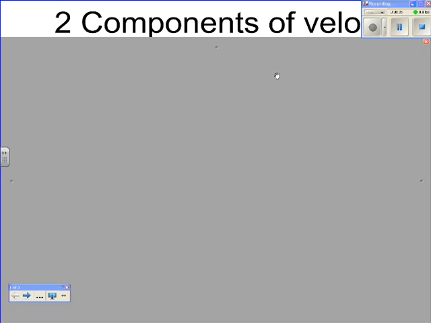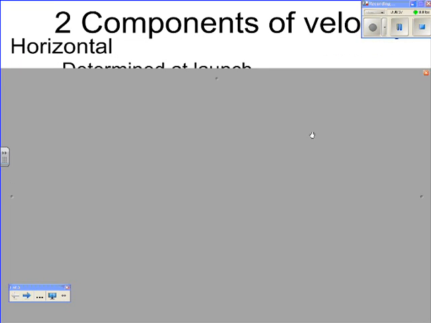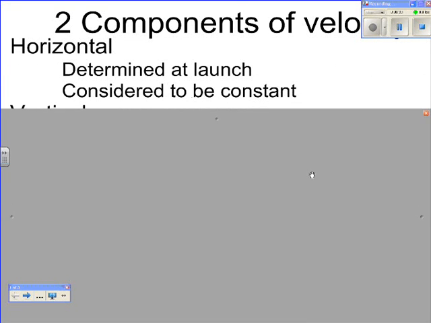Two components of velocity then. Horizontal. So my marble that I put on the back end of my launcher, when that pin goes through it, what's its horizontal velocity? Was it traveling horizontally at all? No, so it's 0.